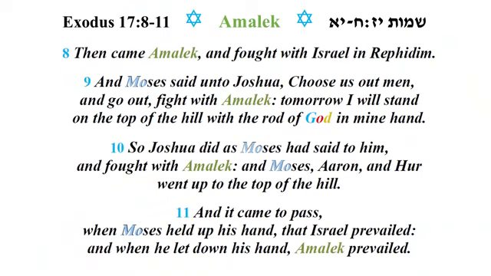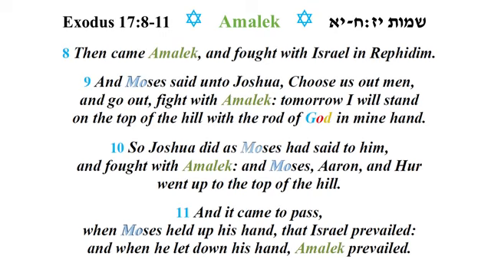And Amalek, if you remember, in Exodus 17, verse 8, then Amalek came and fought with Israel in Rephidim. And Moses said unto Joshua, choose us out men and go fight with Amalek. Tomorrow I will stand on the top of the hill with the rod of God in my hand. And Joshua did as Moses had said to him, and they fought with Amalek.